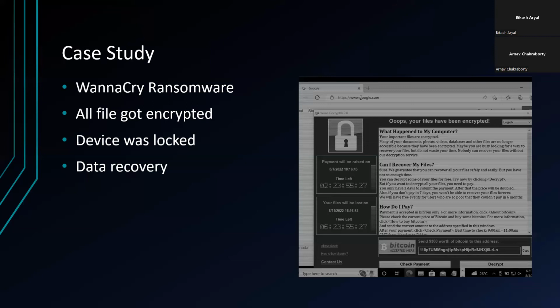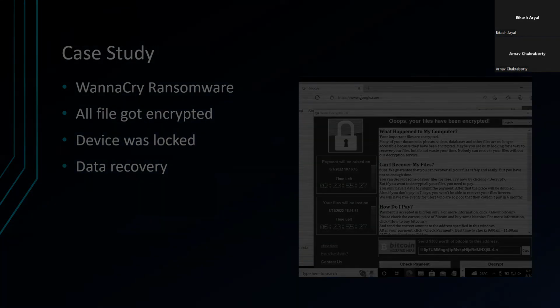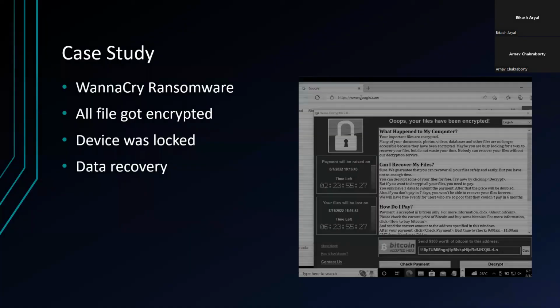WannaCry crashed our systems. We were not able to restart our systems, and WannaCry had destroyed all local saves, all local files. WannaCry was able to delete our local backup of our files.